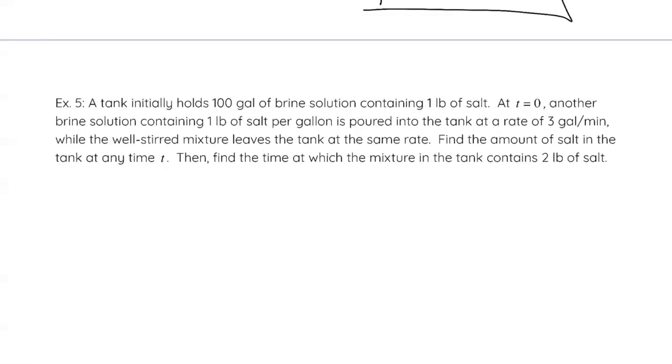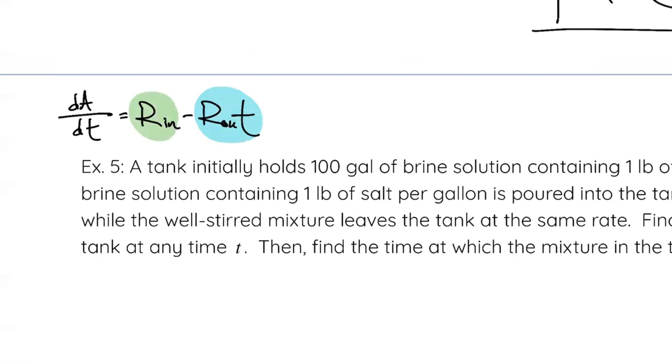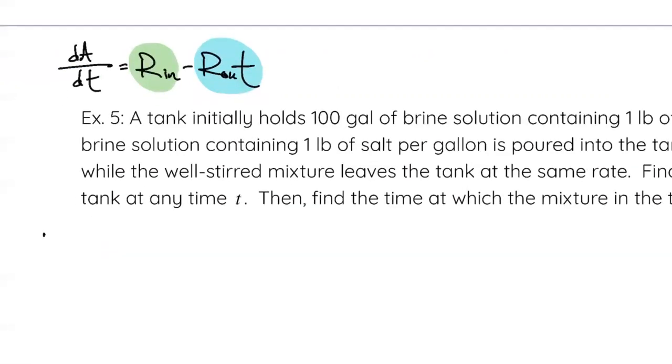So I look at this, I see a brine solution, input, output. I know I'm going to have a differential equation of this form. And keeping in the color coding, we're going to call R out in blue and R in green. And the first thing we're going to find is our rate in.